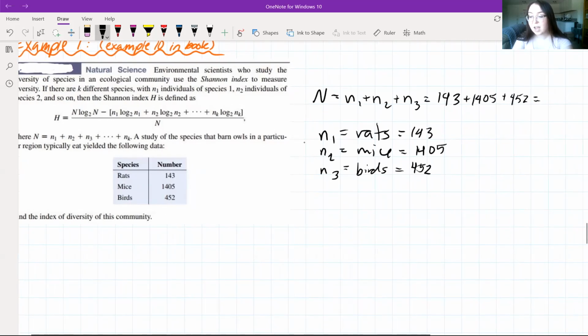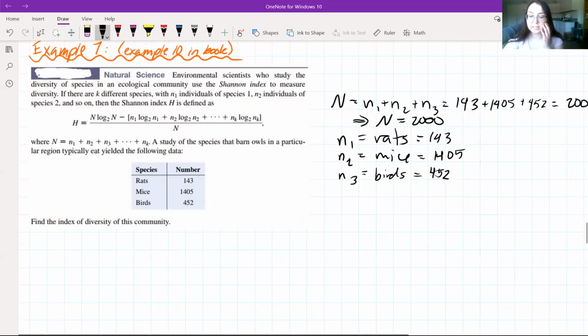We take a moment and add all of these values together, and we get 2,000. So capital N is equal to 2,000. Now we've established what our capital N is, and what our n sub 1, n sub 2, and n sub 3 are.